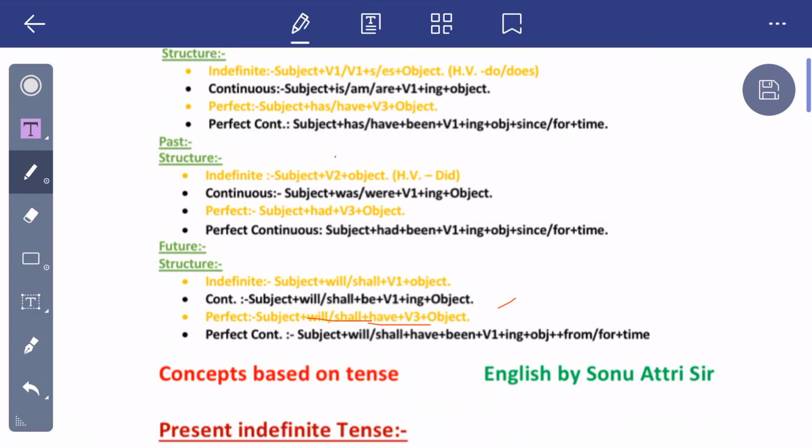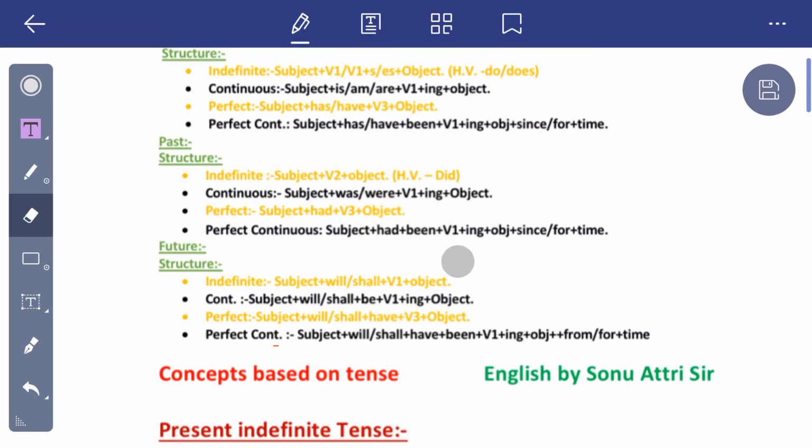One thing that you must know is that in perfect continuous of future we do not use since; we are using from in place of since. So in place of since, in perfect continuous tense we use what? We use from. Okay, if you want to write all the structures, you can take a screenshot of it.